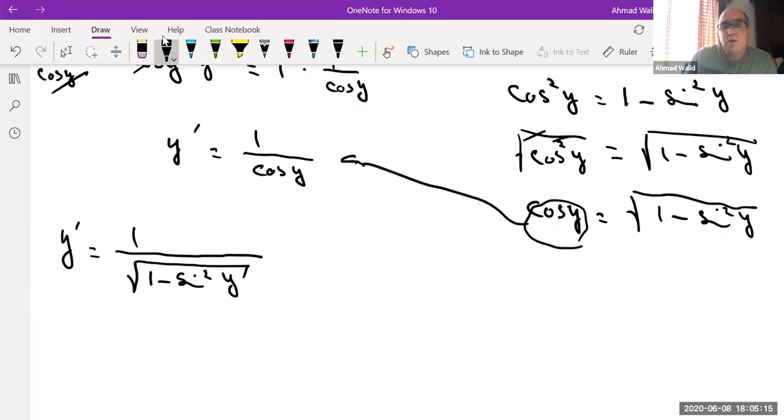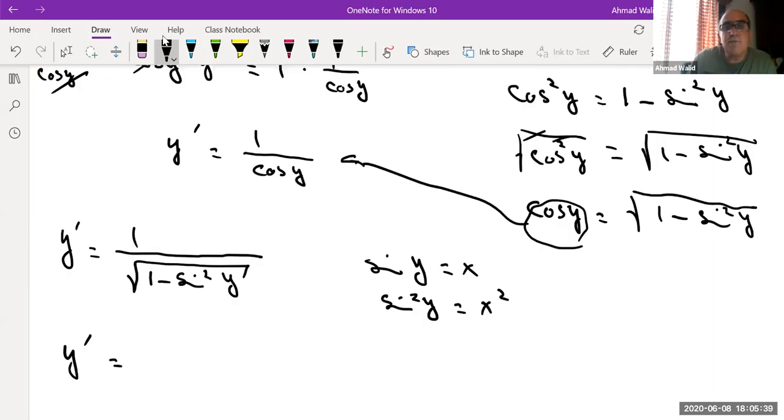Now, at the beginning, when we started the proof, you saw that I started with sine y equal x. If sine y is equal to x, then definitely sine squared y will be x squared. Let's replace the value of sine squared y in this proof. Then you can write y prime equals 1 over the square root of 1 minus x squared.